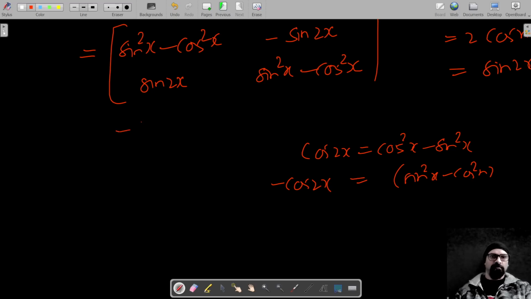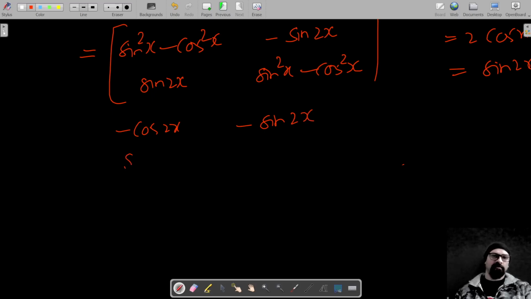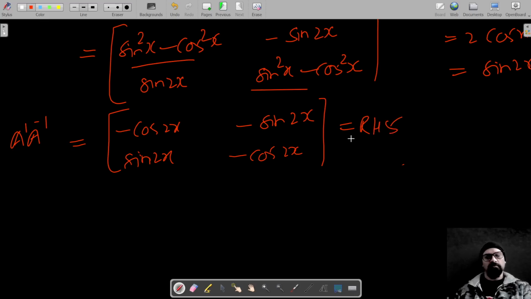The other entries are negative sine 2x and sine 2x, and the last is once again negative cos 2x. So that means the product of the transpose of A and A inverse is equal to the matrix negative cos 2x, negative sine 2x, sine 2x, negative cos 2x, and that is equal to the RHS.